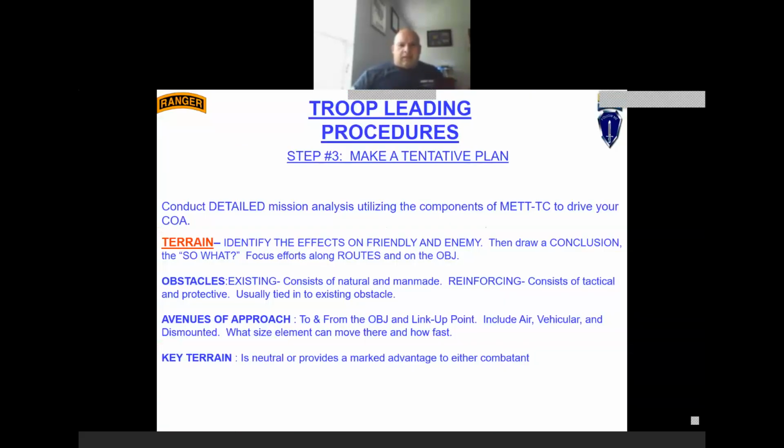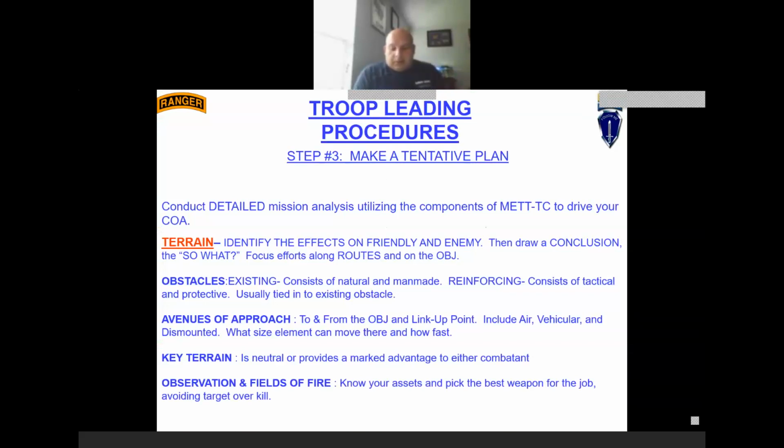Okay, next is observation and fields of fire. Observation is the condition of weather and terrain that permits a force to see the friendly and enemy personnel, systems, and key aspects of the environment.